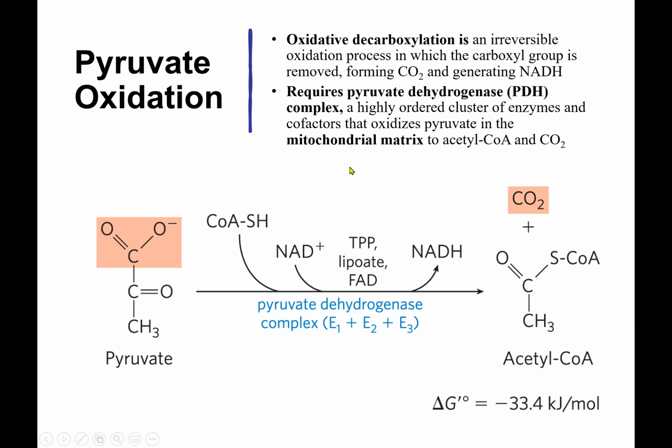Another thing to take note of is this is all taking place in the mitochondrial matrix. So glycolysis was in the cytosol, and this is happening in the mitochondrial matrix. So we have to get pyruvate in there, right, as we talked about previously.